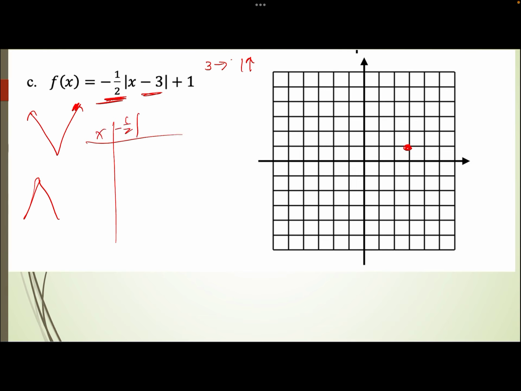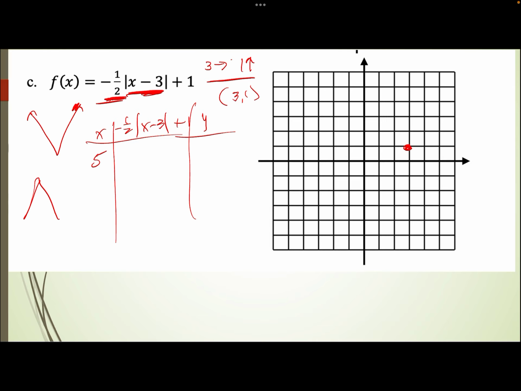And I'm going to put some points on either side of my vertex, which was 3, 1. Now I'd really like this to be even, so when I half it, it stays a whole number. So rather than put a 4 in there, I'm going to put a 5 in there.